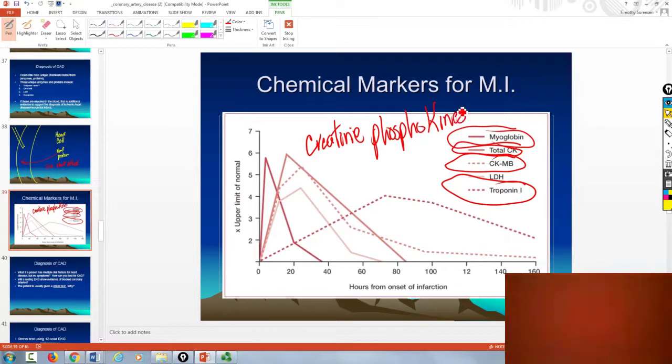It's an enzyme that is in muscle cells, but the MB fraction is specific for heart. So if that is elevated in the blood, then there's a good chance you had a heart attack. But troponin I and troponin T now are becoming, again, the gold standard for heart disease.